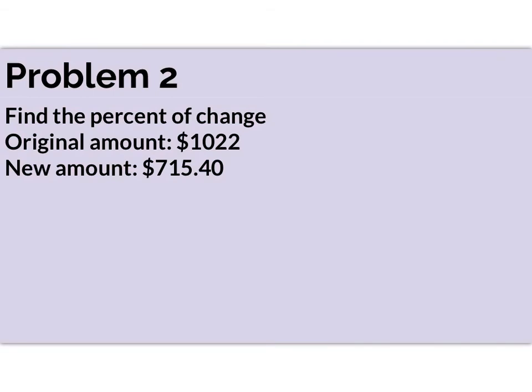Okay, so this is going to be a similar exercise. The original amount and the new amount. So we're going to have to subtract these two numbers to get 306.60, which is the change. And then we divide the change by the original amount.